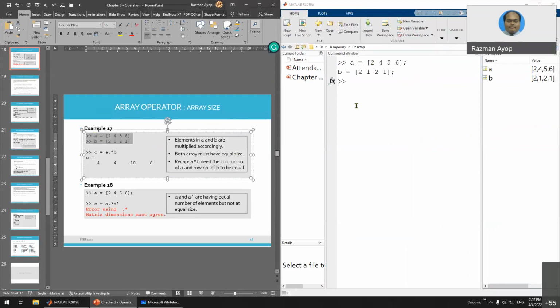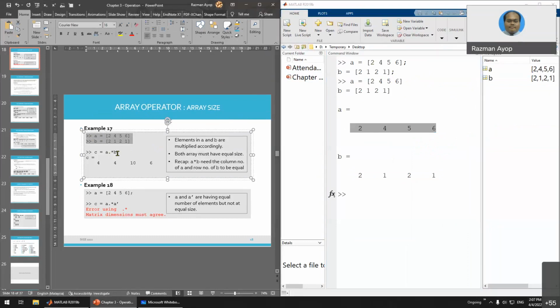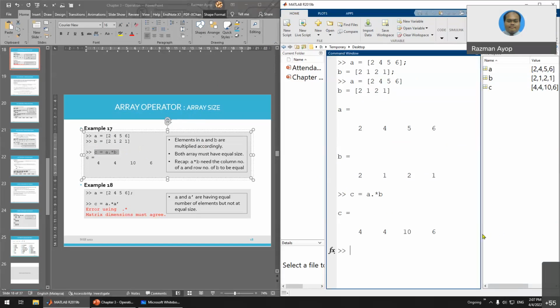You can see here this is a horizontal vector or row vector. Then C equals A dot star B, which means multiplication in the array operation. You can see you get the answer. So make sure you don't forget the dot if you want to do an array operation. So how this is done manually.